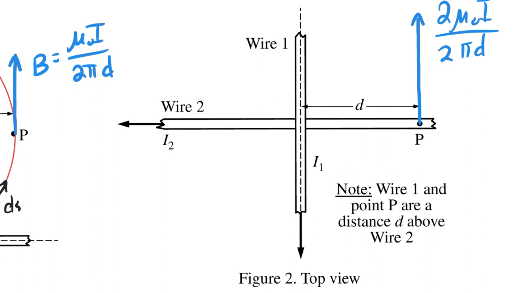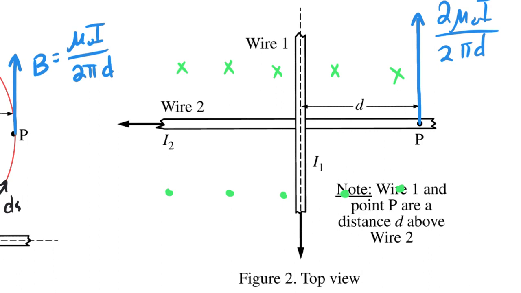The magnetic field due to wire 2 has got to be into the page on this side of the wire and out of the page on this side of the wire. Would you agree with that?